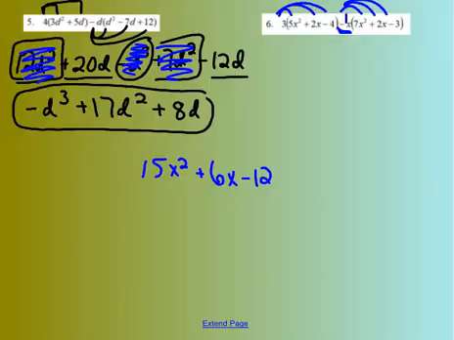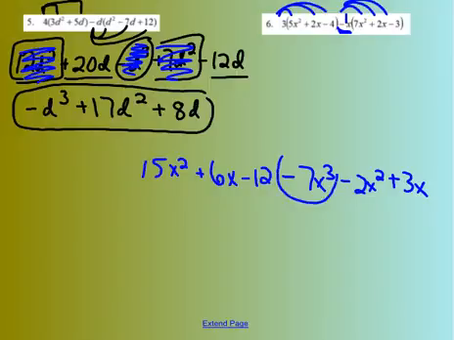Okay, so negative 1x times a positive 7x squared is going to be minus 7x cubed. A negative 1x times a 2x is going to be minus 2x squared. And a negative 1x times a negative 3 is going to be plus 3x. Right?